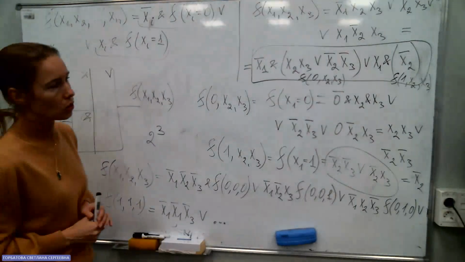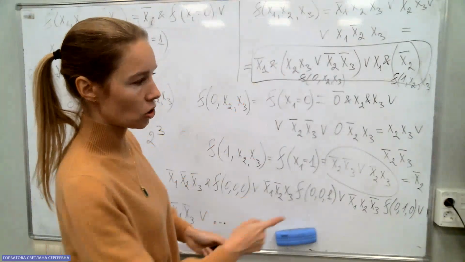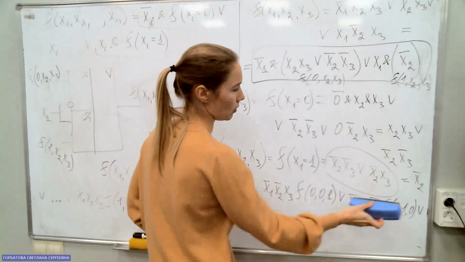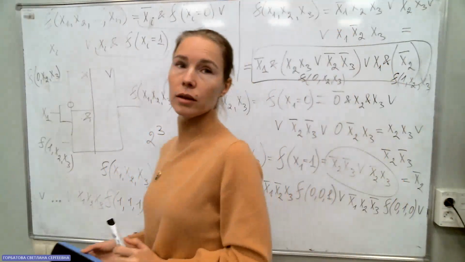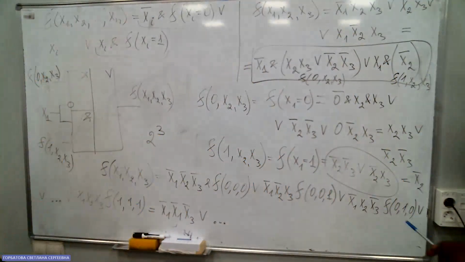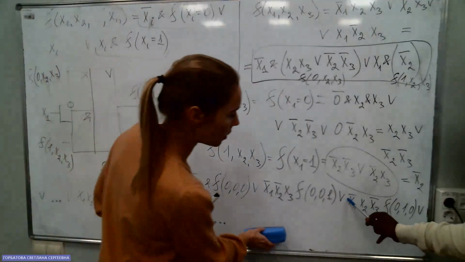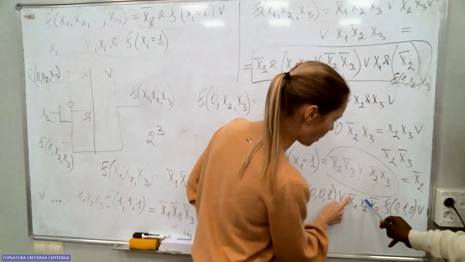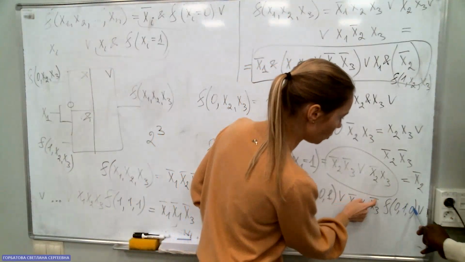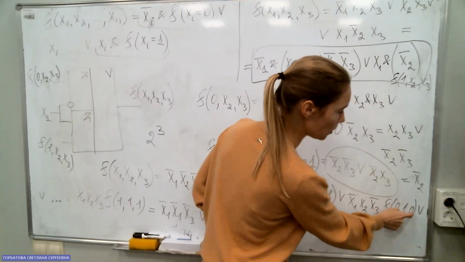So let's do it for this function. Now, for example, for this one, we can consider it like this: not, without not, so that was 0, 1, 0.